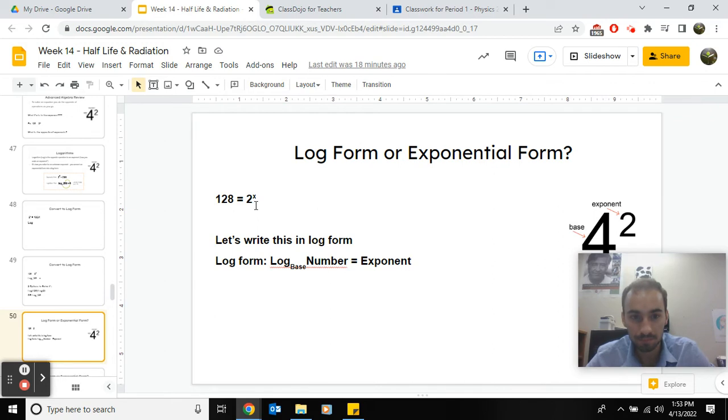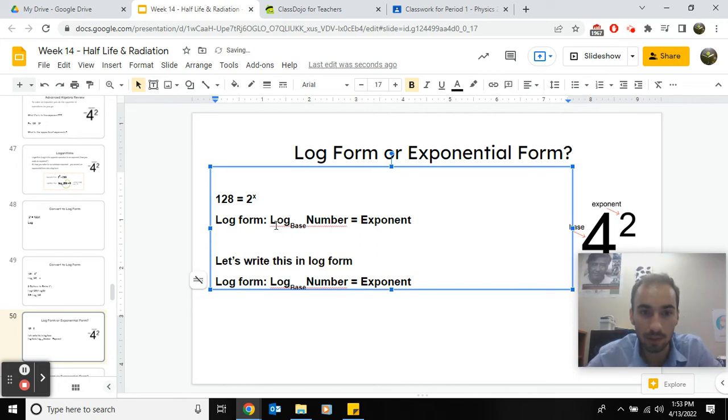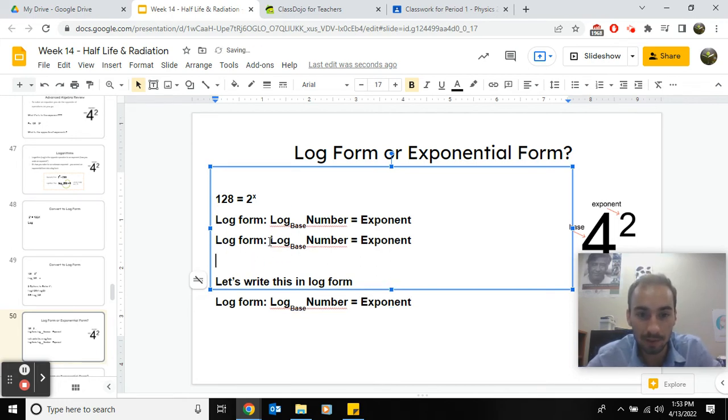Okay? So in log form, you have the log and then the base. The base is the number that's attached to the exponent.